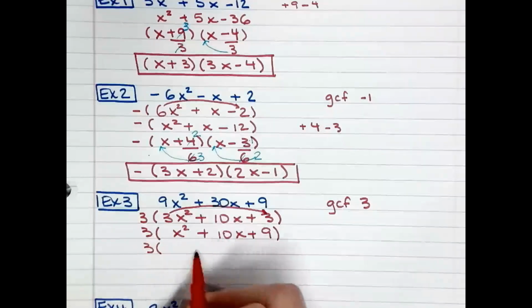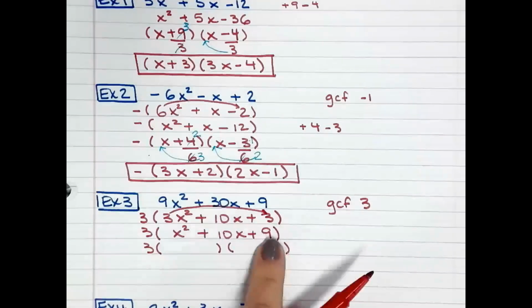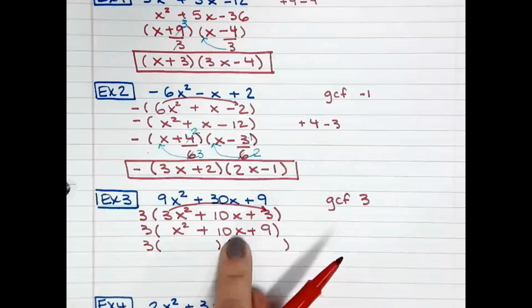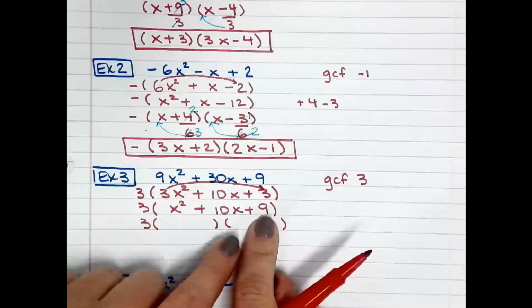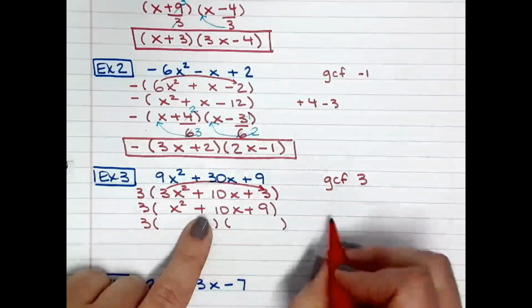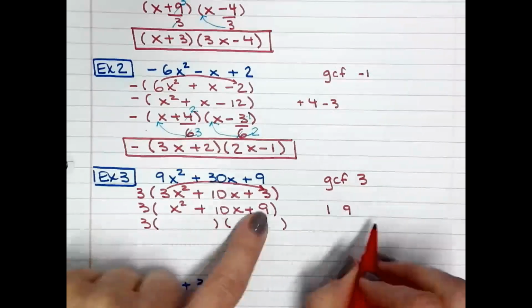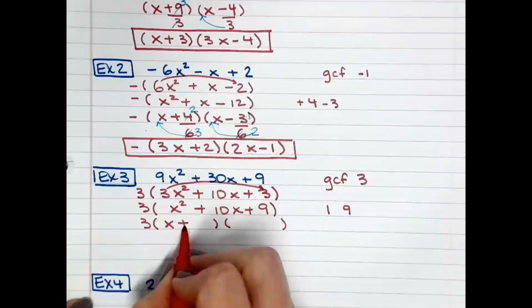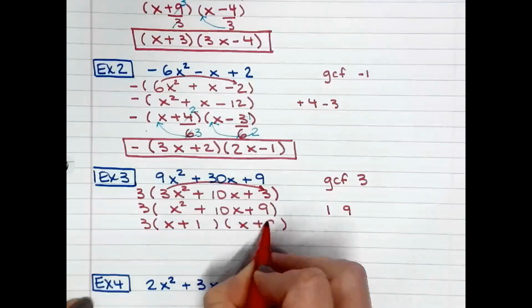Factor mentally. We're looking for two numbers that multiply to 9 and the same two numbers that add up to 10. Good thing they're all positive, so I know both numbers will be positive. So 1 times 9, easy. So 1 times 9 is 9. 1 plus 9 is 10. So x plus 1, x plus 9.